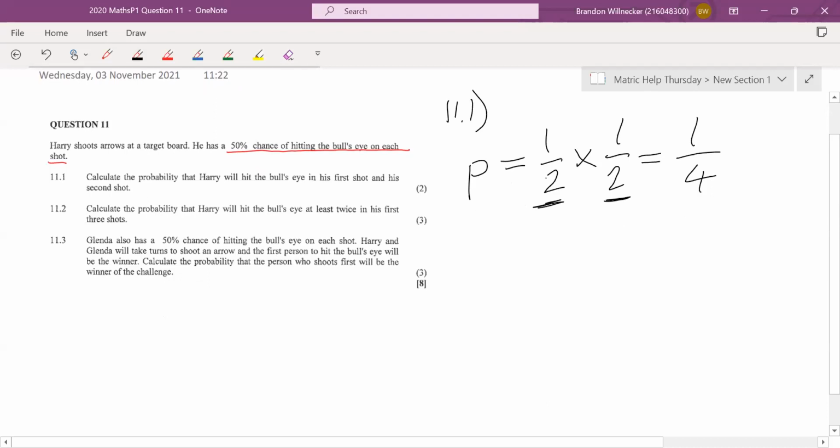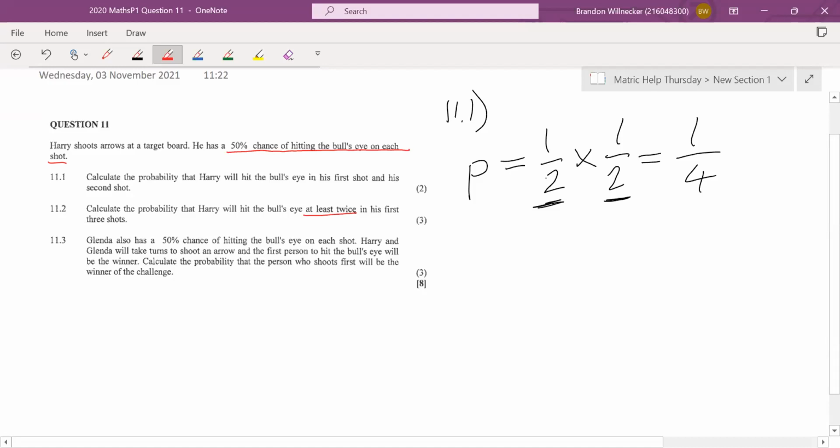11.2. Calculate the probability that Harry will hit the bullseye at least twice in his first 3 shots. So there's a couple things we need to notice. At least twice. So that means a minimum of 2. So it could be 2 or it could be 3. Both of those are at least twice.